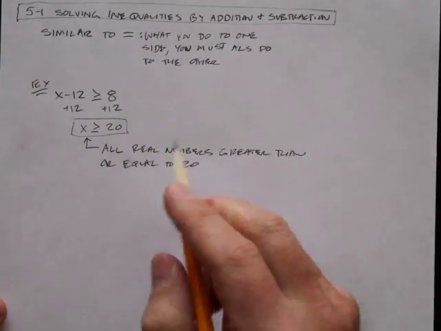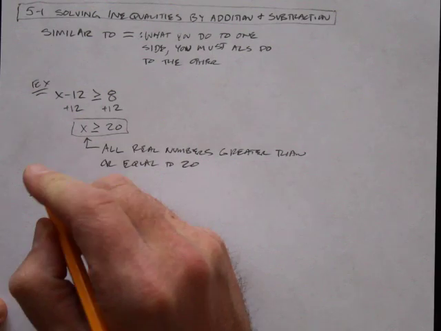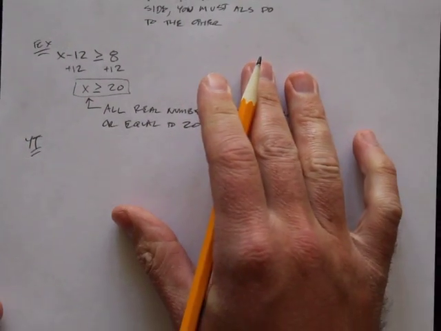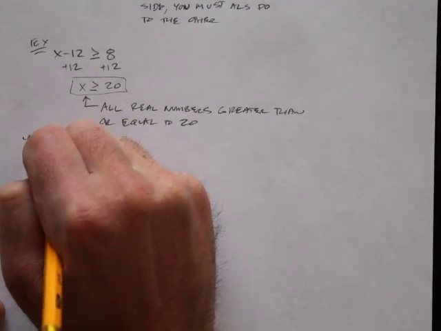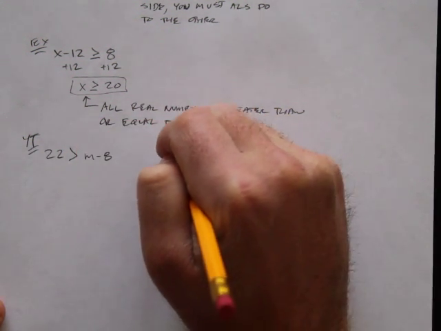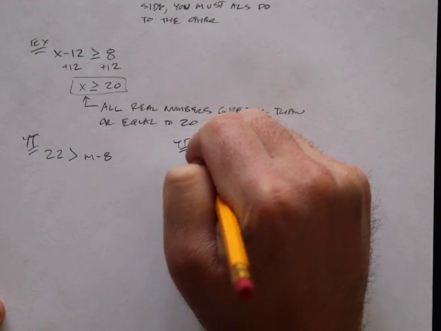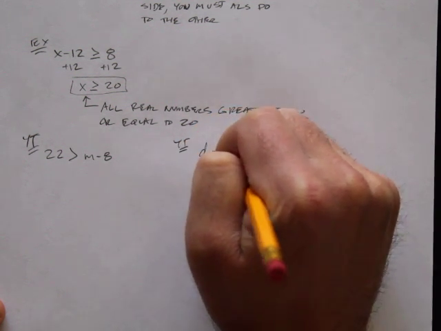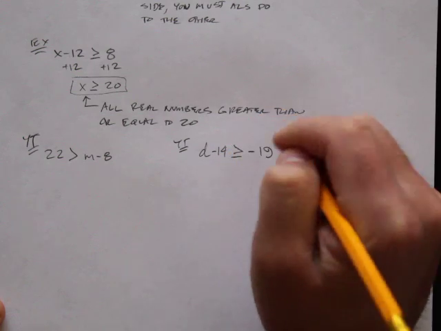All right, so we did this example. You guys do several on your own. So I've got 22 is greater than m minus 8. Another you try here: d minus 14 is greater than or equal to negative 19.